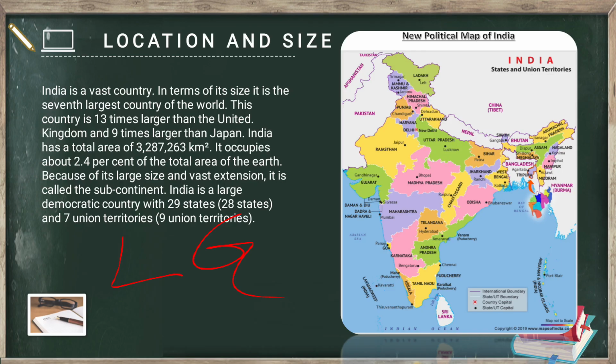Whatever order the central government has to pass, they will call the LG, and through them they will give those orders. So these union territories are directly ruled or governed by the central government.